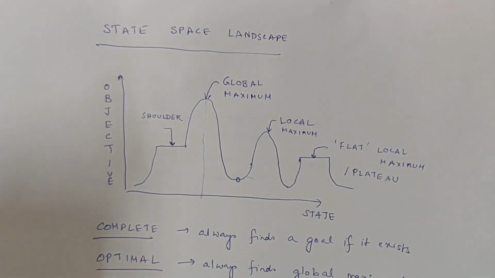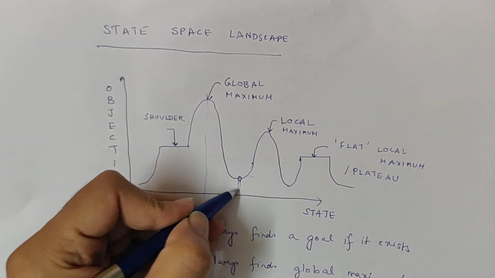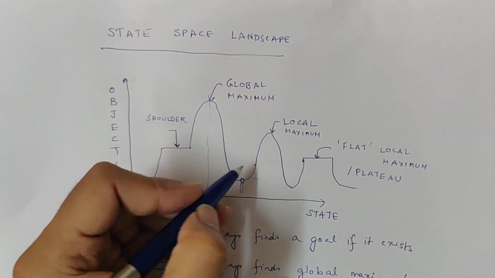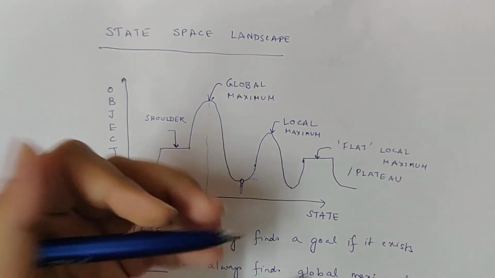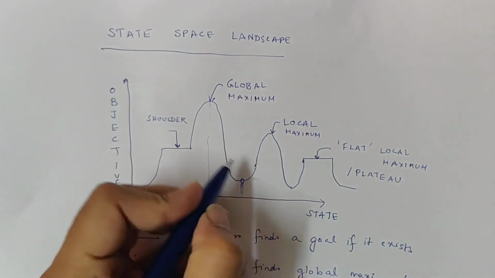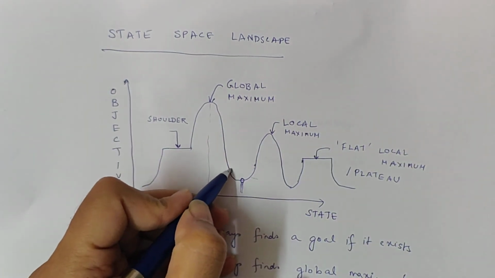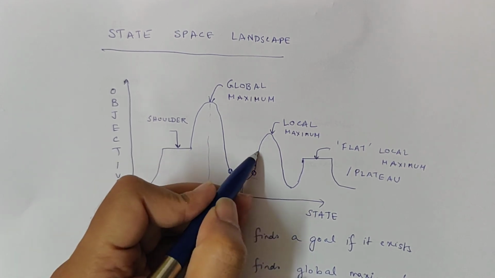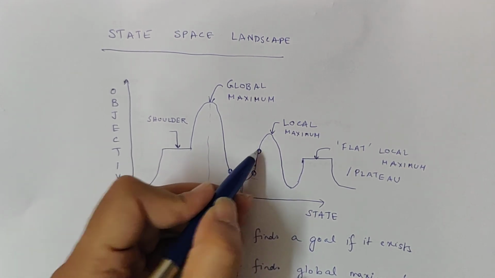So I did some actions. This is my state. I did some valid actions from here and generated the successors. One successor was here, one successor was here, and another successor was here, right?